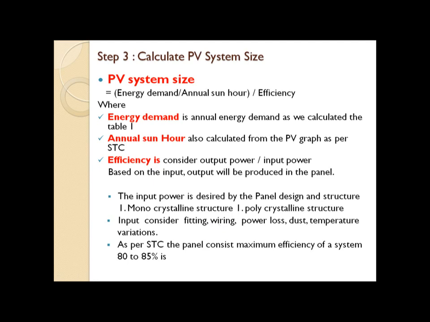And power loss: the solar produces DC, which is converted to AC through the inverter, and the conversion also has some losses. Dust is nothing but the surrounding atmosphere providing various dust and soils. These settle and coat the surface of the solar panel, which affects the solar rays, that means the sun rays striking the panel.